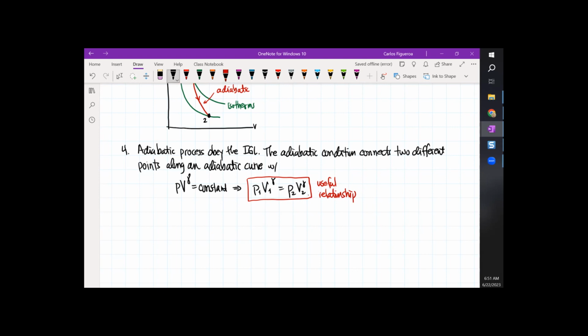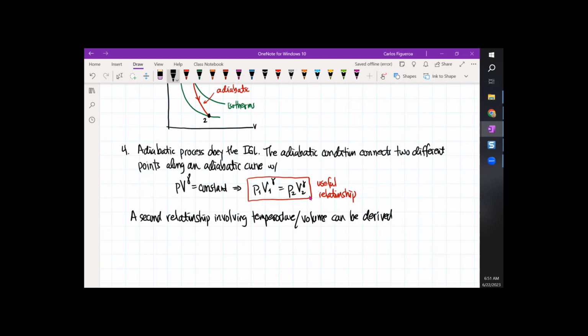So a second relationship involving temperature and volume can be derived.